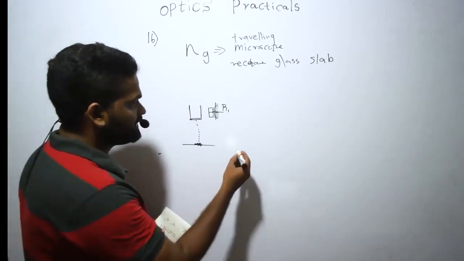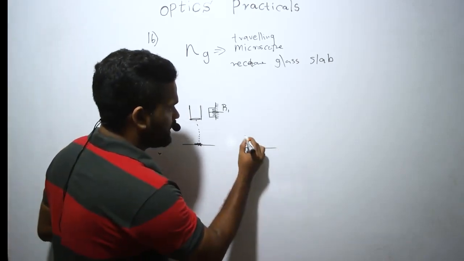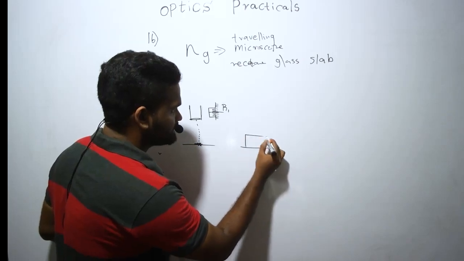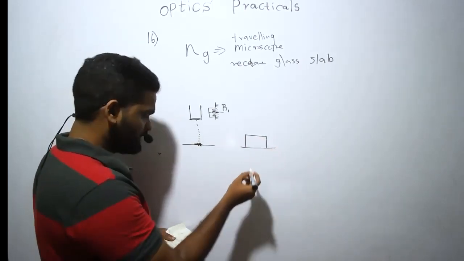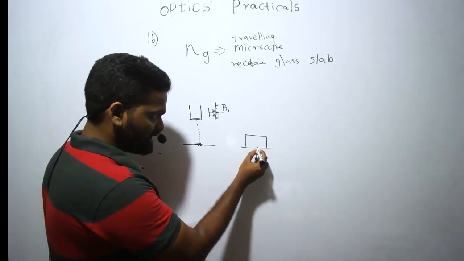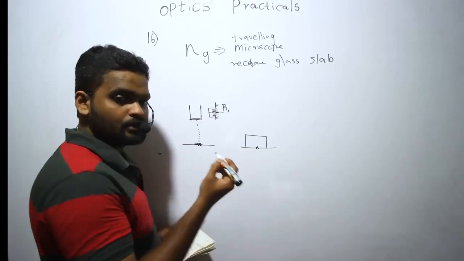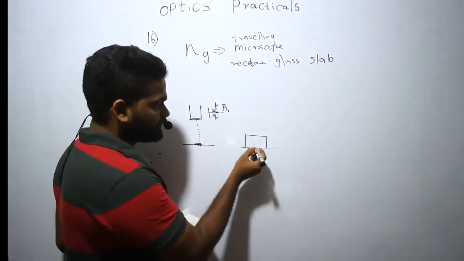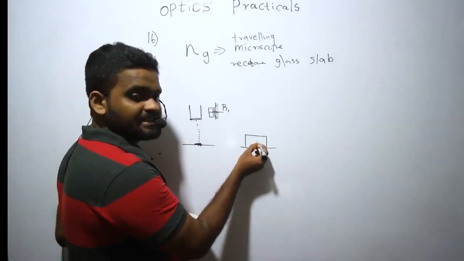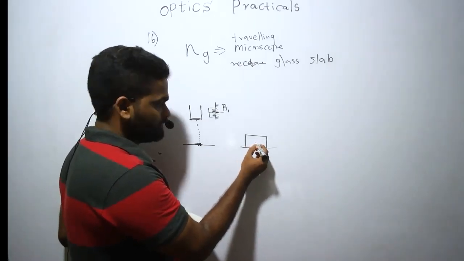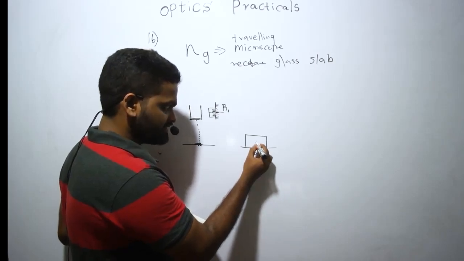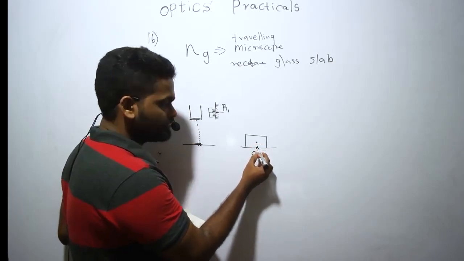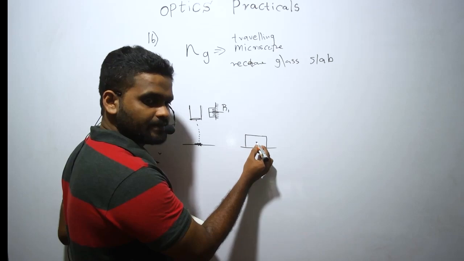But in the second case, you have to place the glass slab. You place the glass slab. At the bottom the mark is still there, right? So what happens to that mark? It has an apparent displacement. Now the object is here. The image of this object is here.